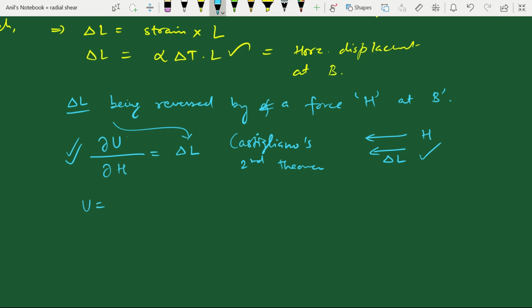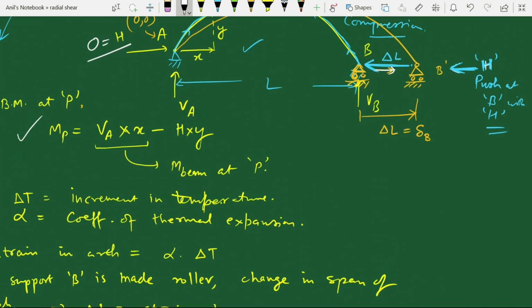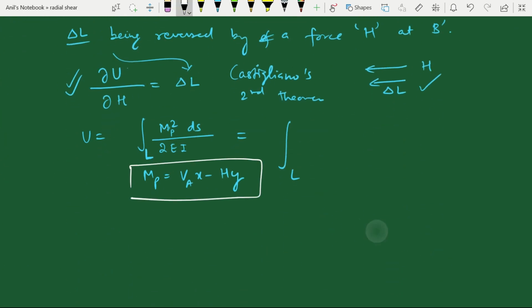And we know U is equal to the integration of M square ds upon 2EI, that is the strain energy due to bending moment at any point P, and we integrate over the length of the arch, the span of the arch. So in this particular case, we have MP equal to VA x minus H into y, which we obtained earlier. So right now here MP square ds upon 2EI.